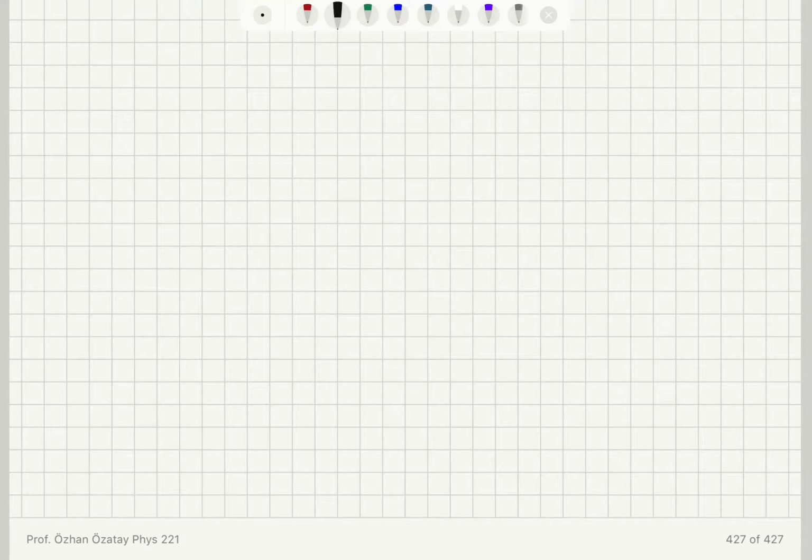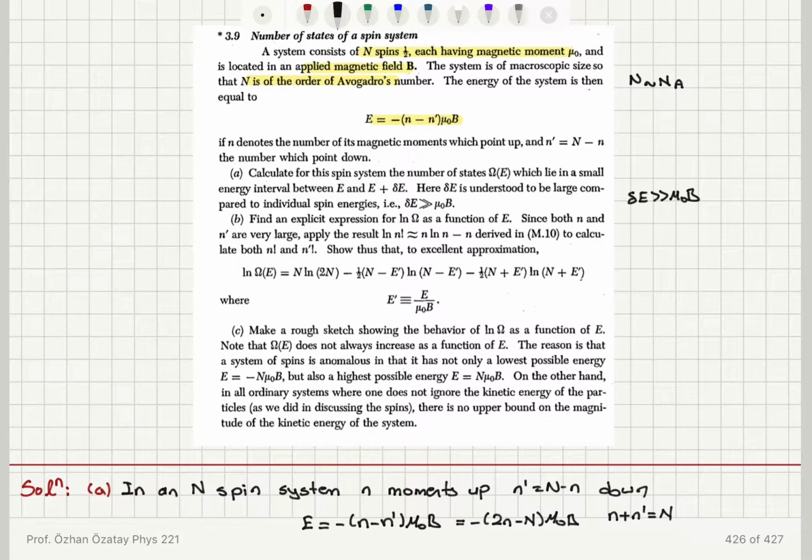So corresponding to this energy, there will be a certain number of accessible states. The number of accessible states, not for an interval, but for the scenario where we have energy E, you see we have a one-to-one correspondence between E and n here.